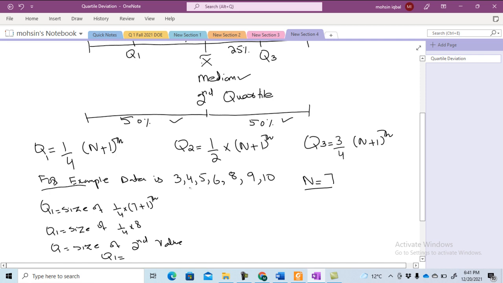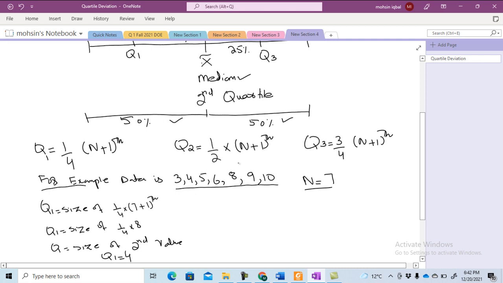We have to write the data in ascending order, and the data is in ascending order as I've written it. The second value is 4, so 4 becomes my first quartile, Q1. I hope you got the concept for the calculation of Q1. I'm going to write 4 again in a neat manner.